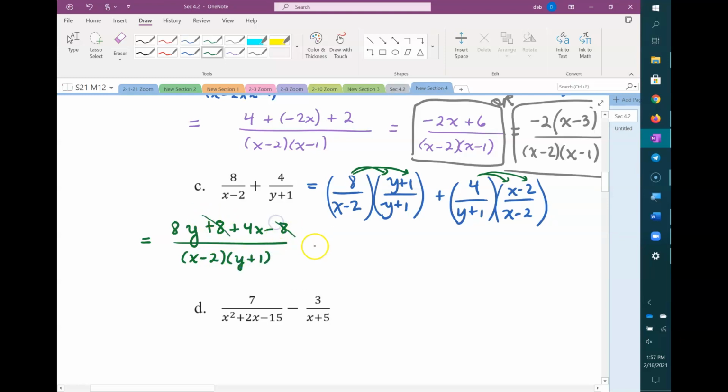So yay, the 8's cancel, and I have 4x plus 8y over x minus 2, y plus 1. Then I would factor out the 4 just to make sure there isn't any matching factor. So I'd have 4 times x plus 2y over my denominator.